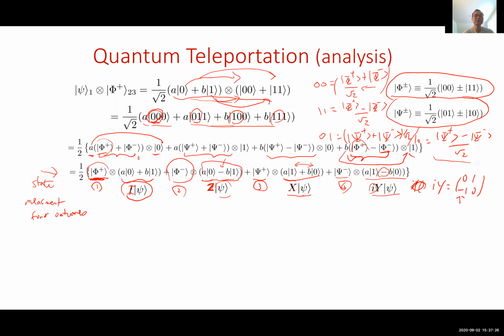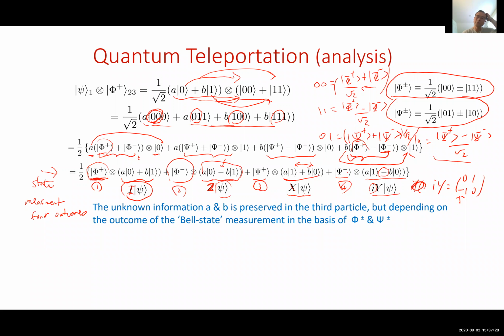They appear with some probability, which is proportional to the norm square of the coefficient. You see that they're all 1/2. Each has probability (1/2) squared, so they appear equally.